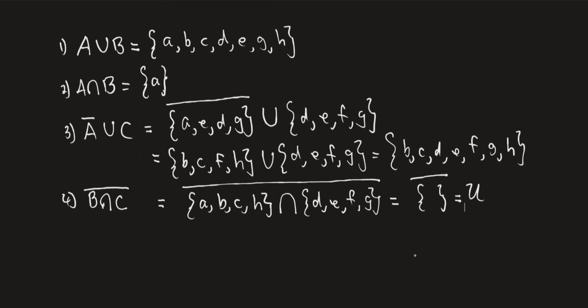Before we end the video, I just want to introduce another term. In general, when you have two sets that have no elements in common, we say that those sets are disjoint.